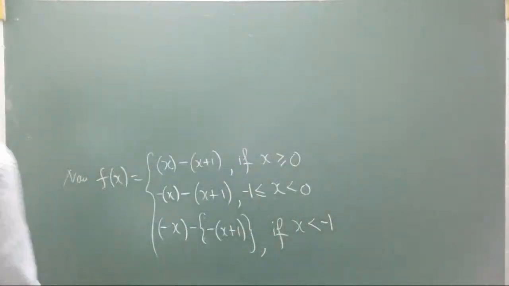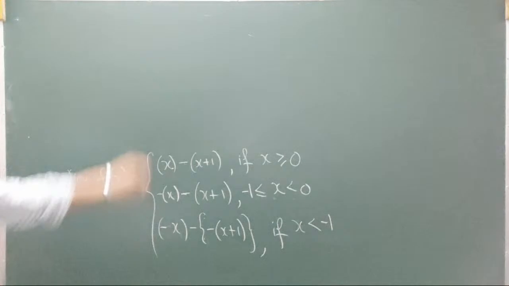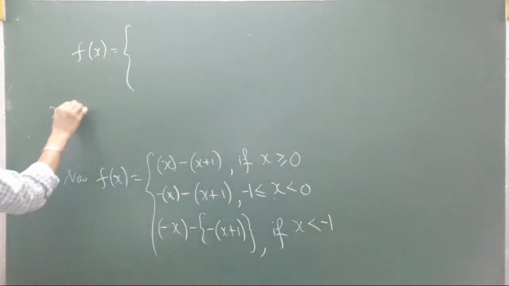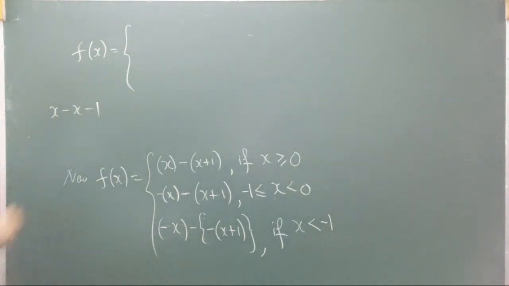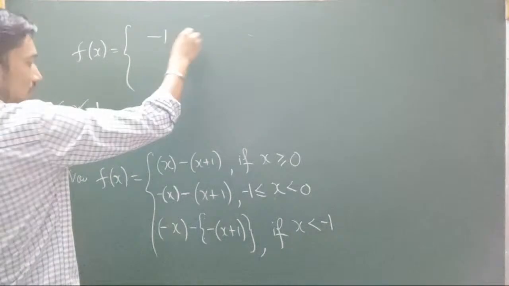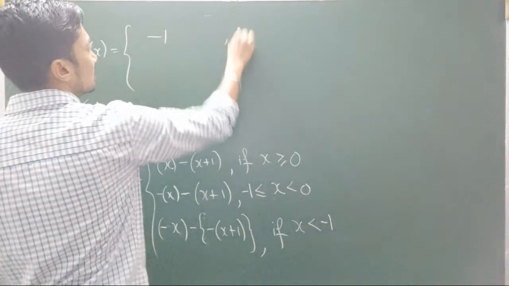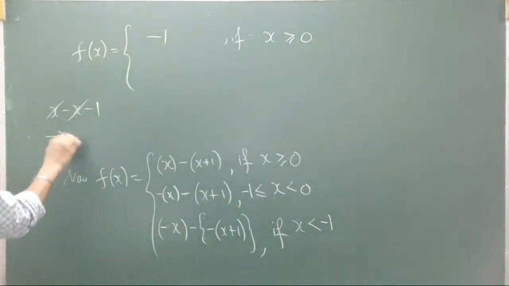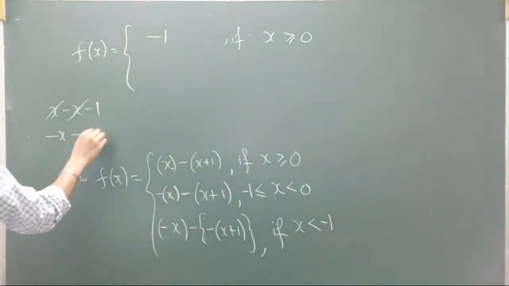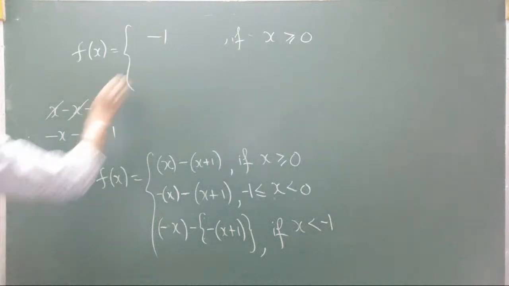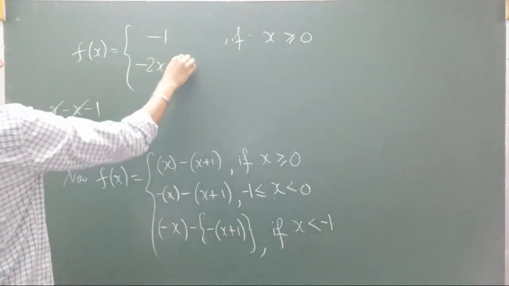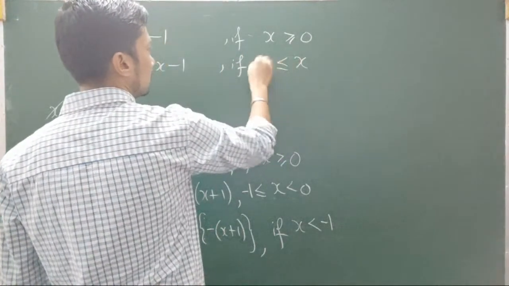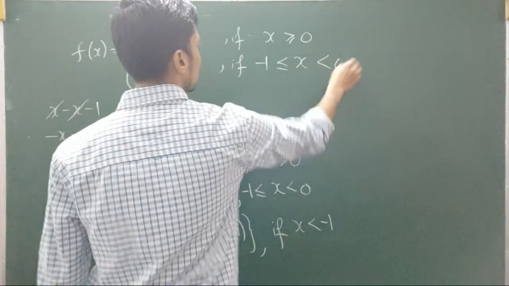So let's rewrite this function properly once again. I'll just do it in the rough here: x minus 1, so x cancels and we have minus 1, if x is greater than or equal to 0. This one, minus x minus 1, so minus 2x minus 1, if x is greater than or equal to minus 1 and x is less than 0.